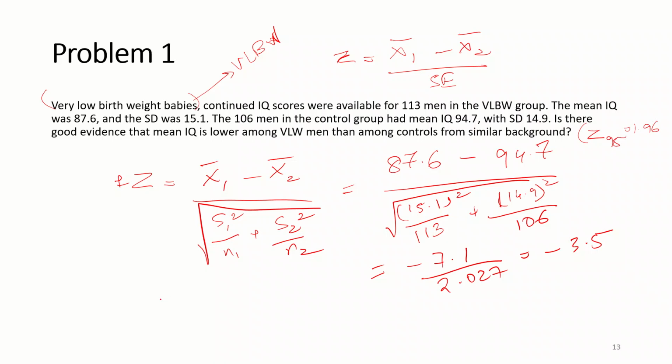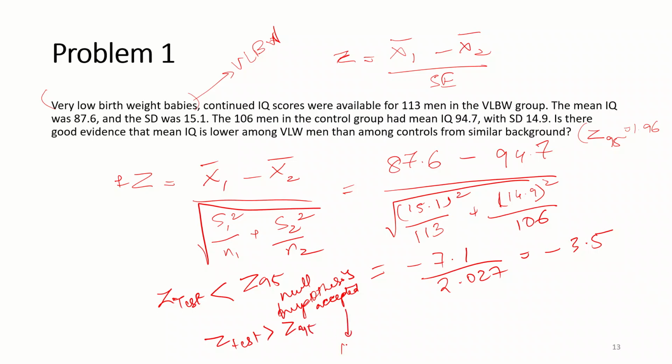So now you have to compare whether this 3.5 is less than 1.96. Whatever the answer of the Z test comes, if it is less than Z95, then the null hypothesis is accepted, and if it is more than that, then it is rejected.